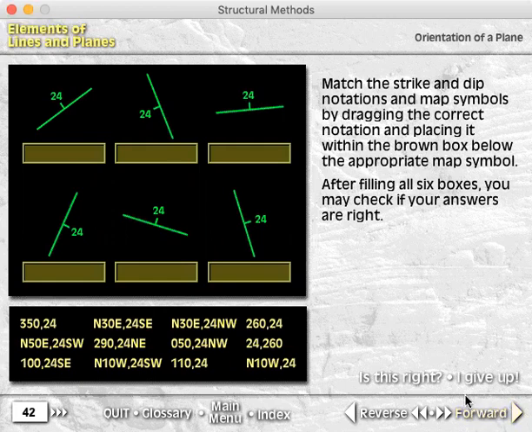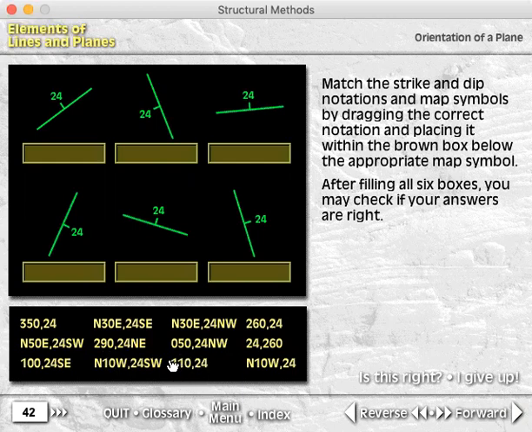Now, one of the tests here is that they have down here the azimuth method, which includes the direction of your dip, the quadrant method, which has your strike and dip, and the right-hand rule.